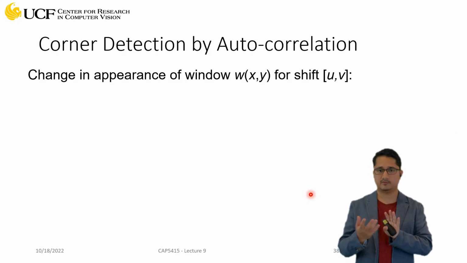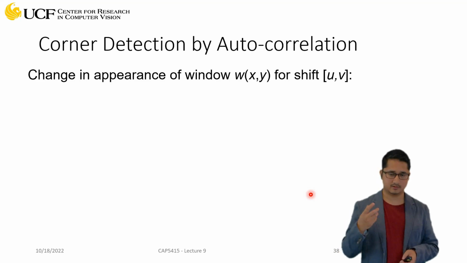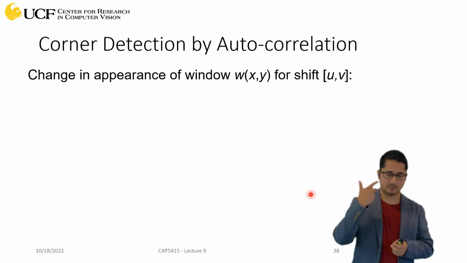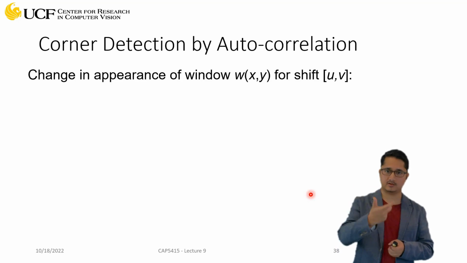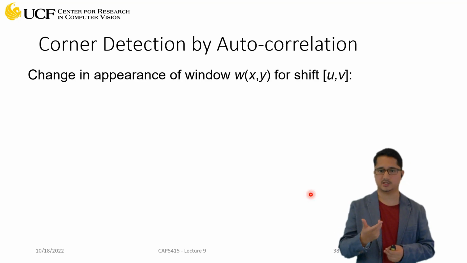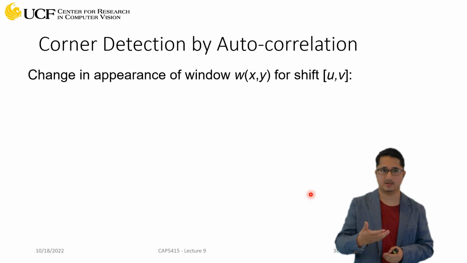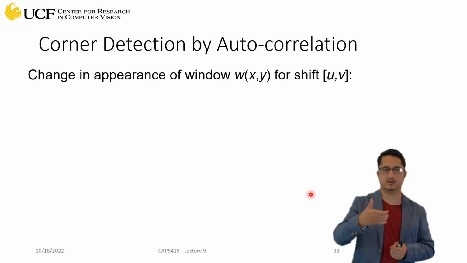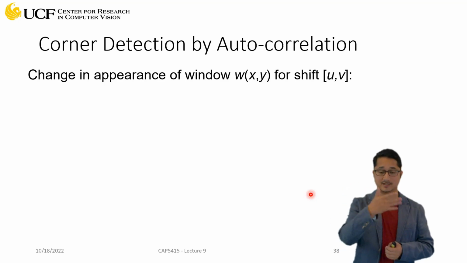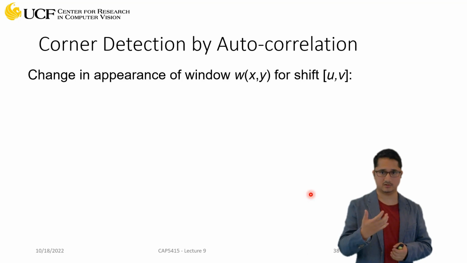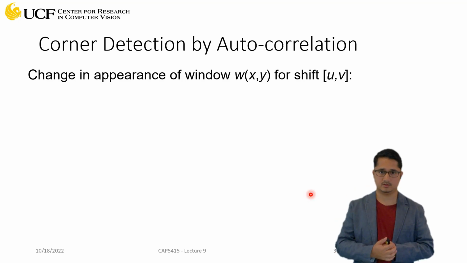Then what will happen is, if you are at a given location in your image and you extract that patch, and you apply that kernel at the same location, it will perfectly match because you extracted it from that location. But if you move that kernel around in the vicinity, so that's the key. You don't just apply it on the same location, you apply it in the neighborhood, and that's how you compute this autocorrelation.